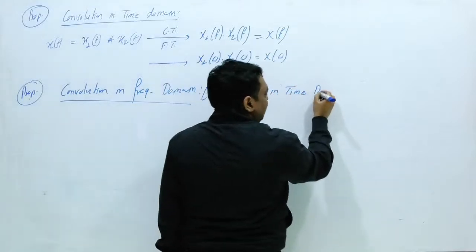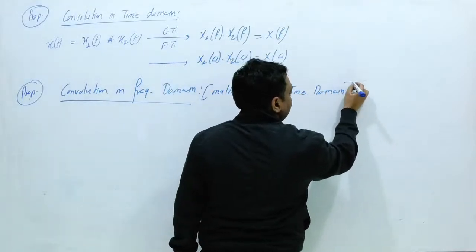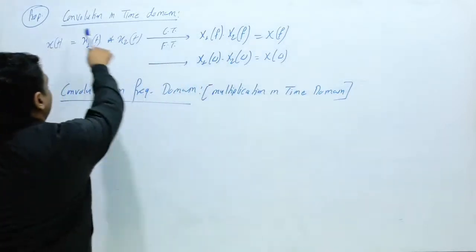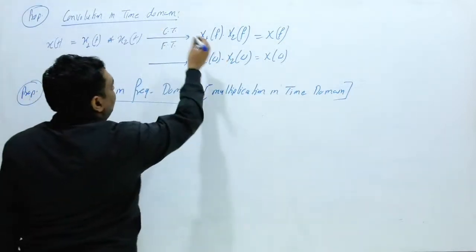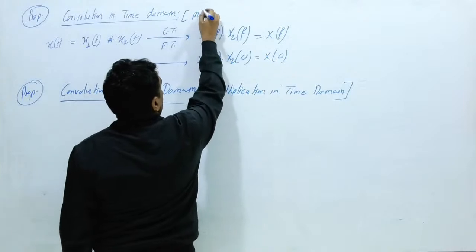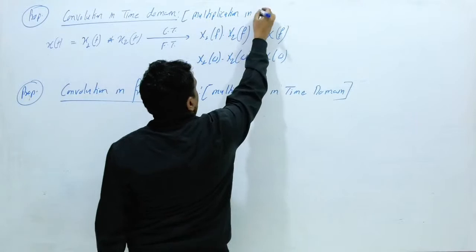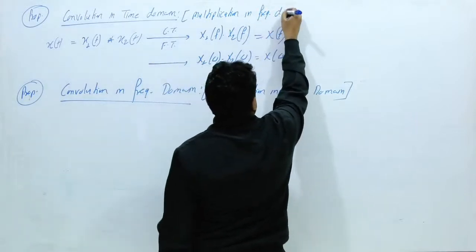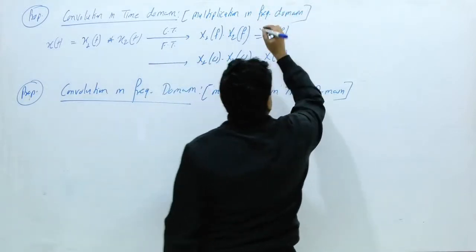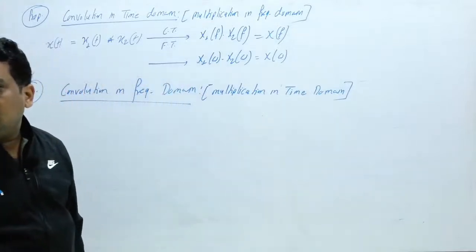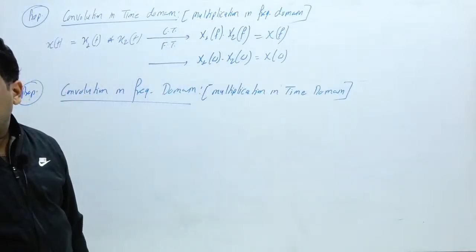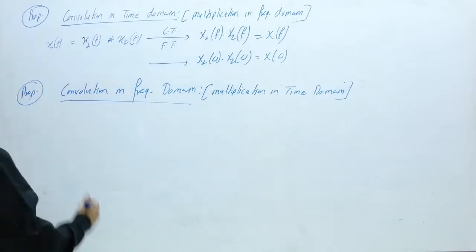So in time domain, you are going to multiply two signals. And for convolution in time domain, we get multiplication in frequency domain. Clear the thing?